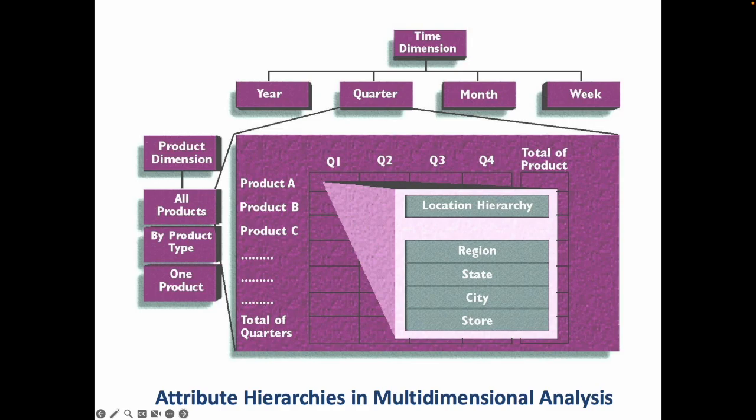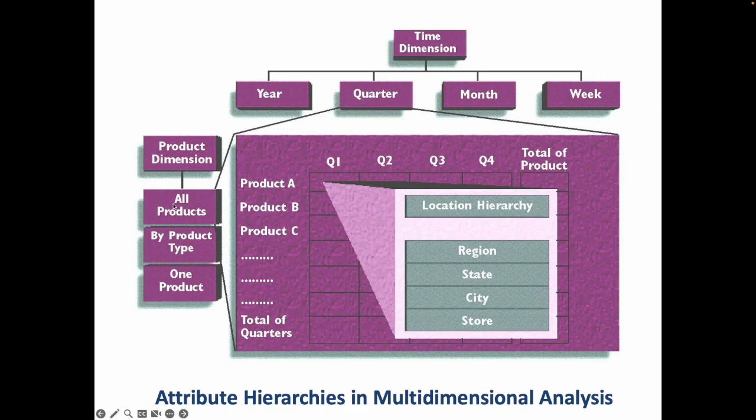Each of them can also have hierarchies, as shown here. For example, you can analyze time at different levels of granularity, such as yearly, quarterly, monthly, and weekly. Quarterly could be Q1, Q2, Q3, Q4. For the product dimension, we also have hierarchies.